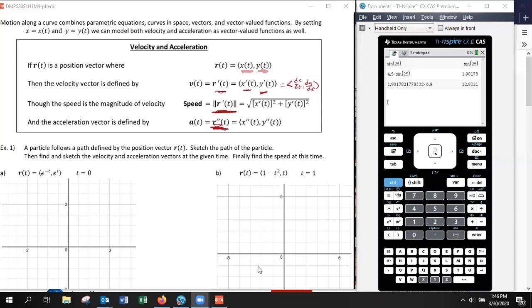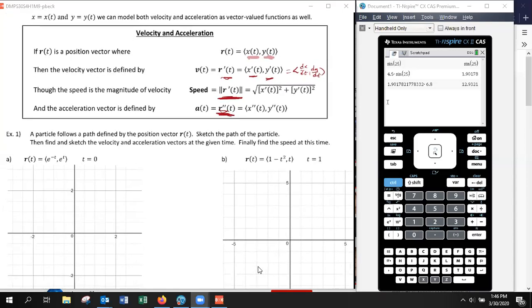We have a particle that follows a path defined by a position vector. We have our position vector here. One of the things that I like to do with my position vector is I like to go ahead and sketch out what that path is going to be. So if I set my parameter, it doesn't really matter if x is e to the negative t or y is e to the t.